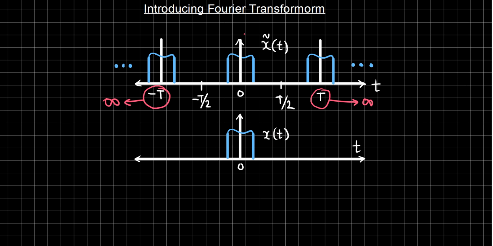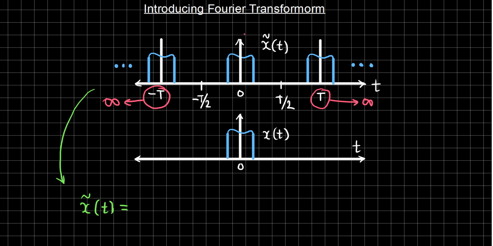To begin with, let's start with the Fourier series representation of this periodic signal, x tilde of t.